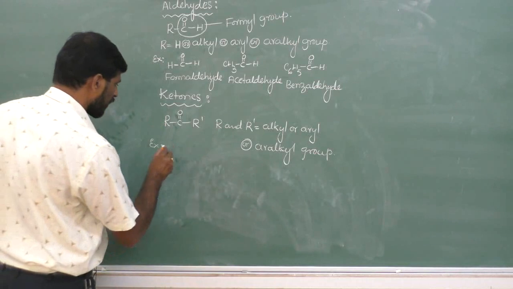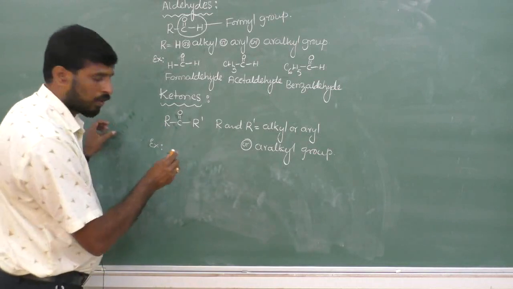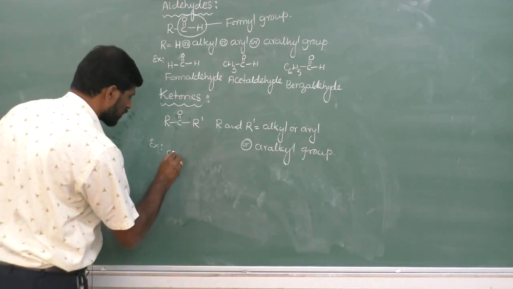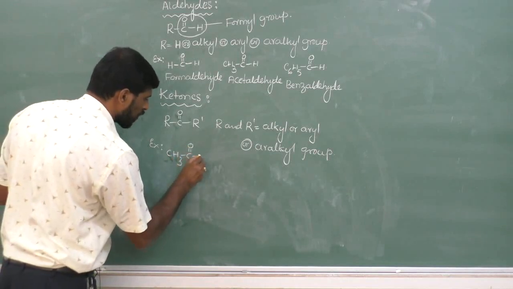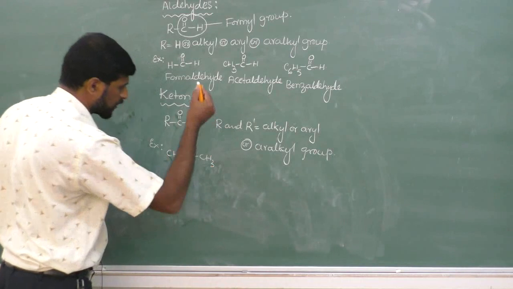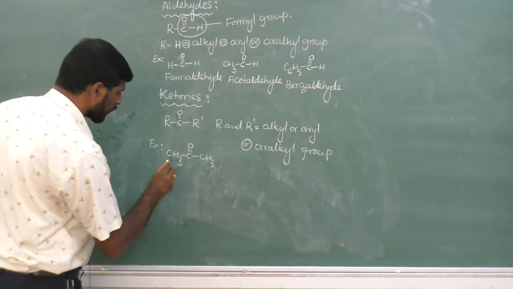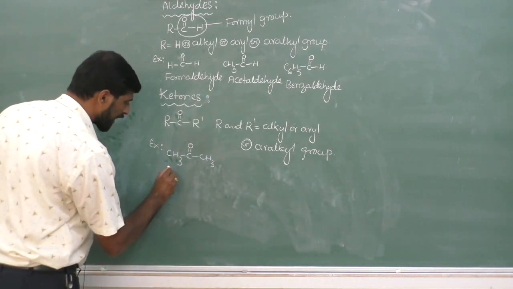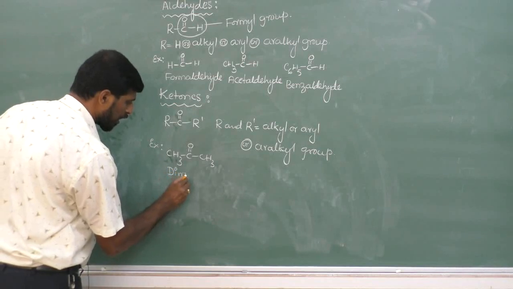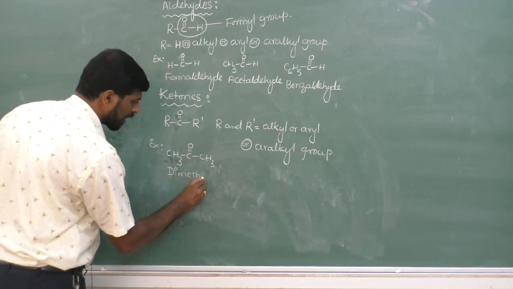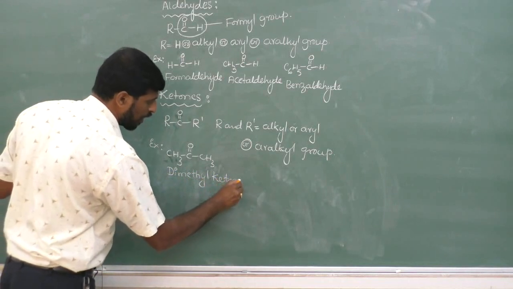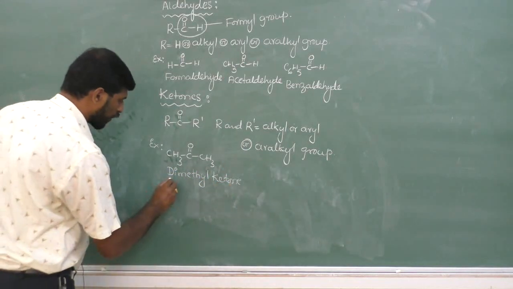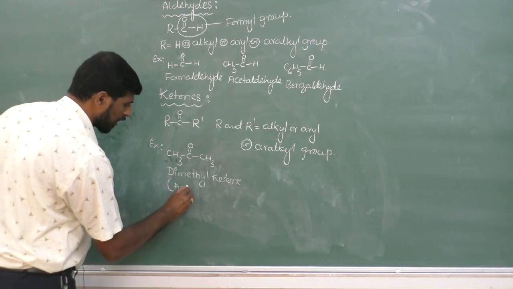Examples. CH3COCH3. Okay. So, this is nothing but dimethyl ketone, or it is very popularly called acetone.